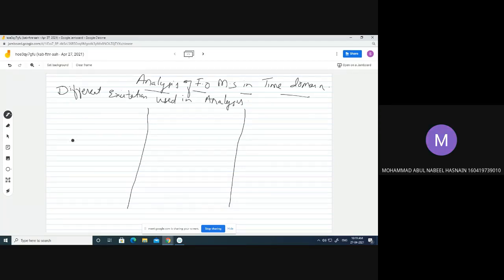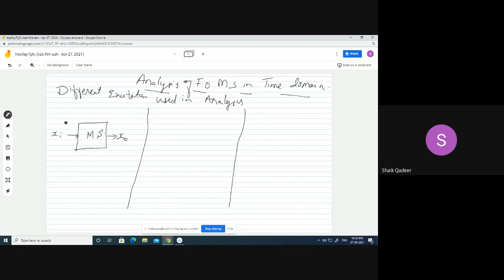Let us suppose that this is our measurement system. We want to get it analyzed. So, in order to do the analysis operation, we need to apply some input and measure the output.